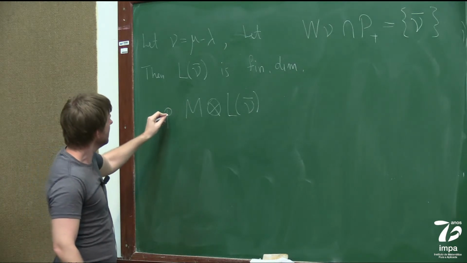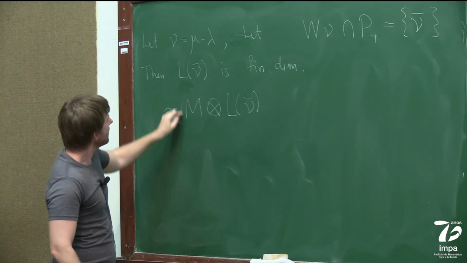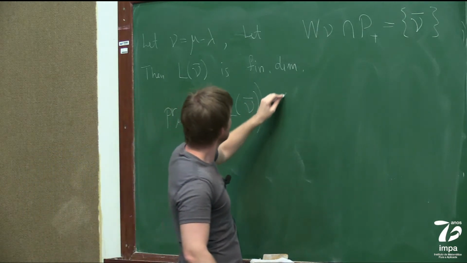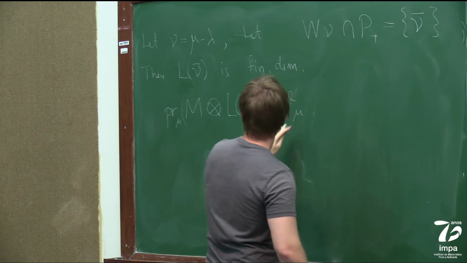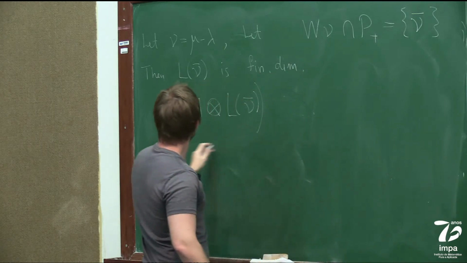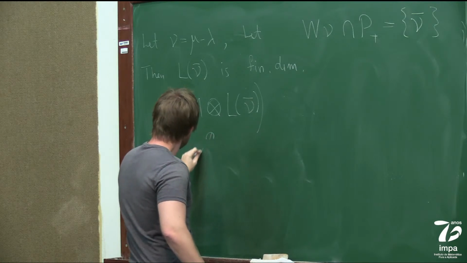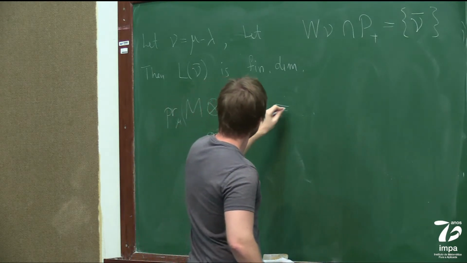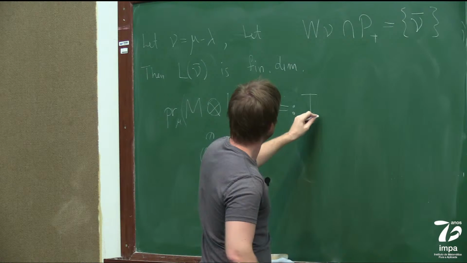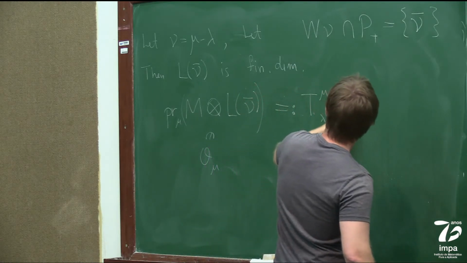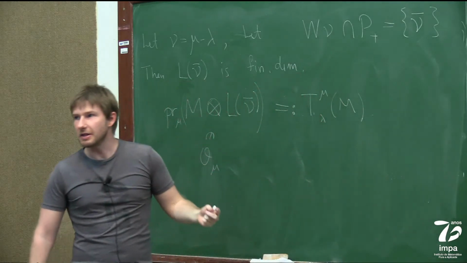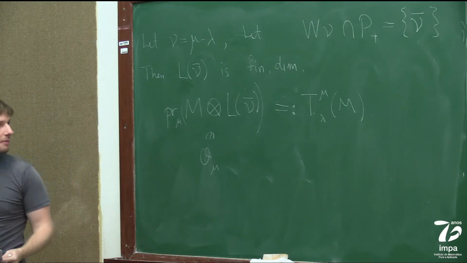So you take the projection to the block O mu. Well, this, by definition, will be T lambda mu. So it's basically tensoring with an appropriately chosen irreducible module.